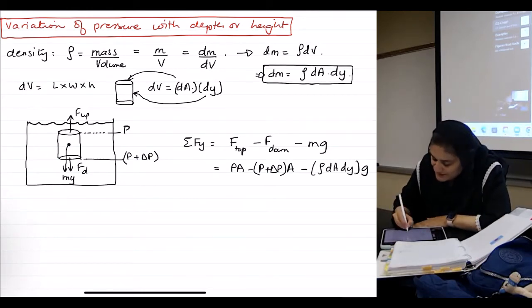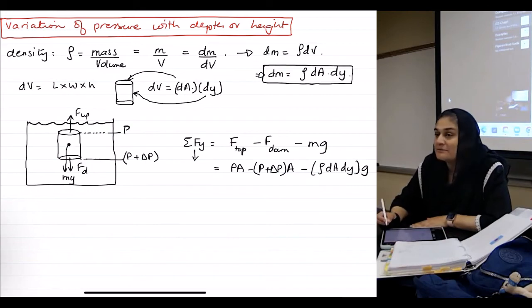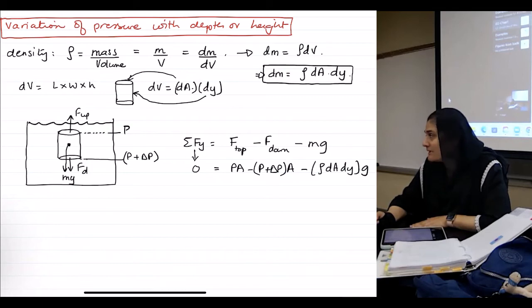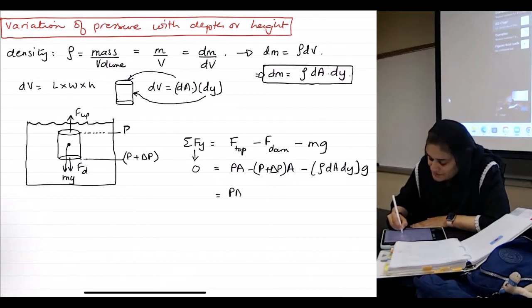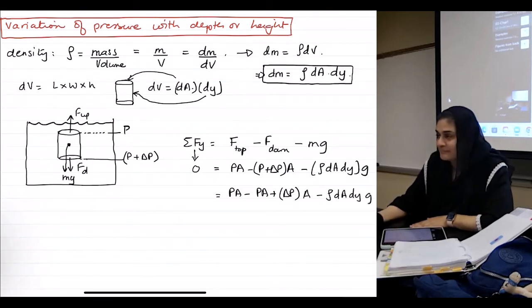Which means I can rewrite this. If it's not going anywhere, what is my sigma F? Somebody said it. Right? There's no acceleration. It's just staying there. So then may I write this as PA minus, P plus delta P times A, minus rho dA dy g?